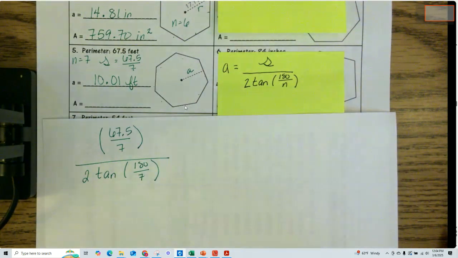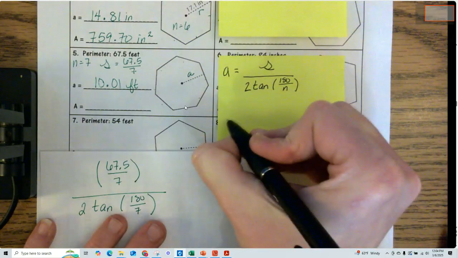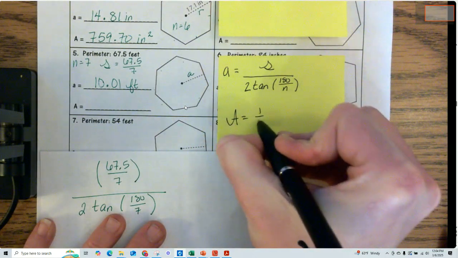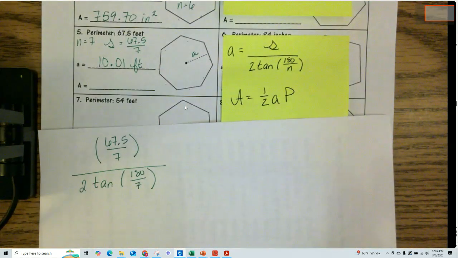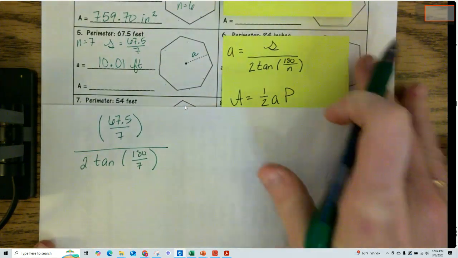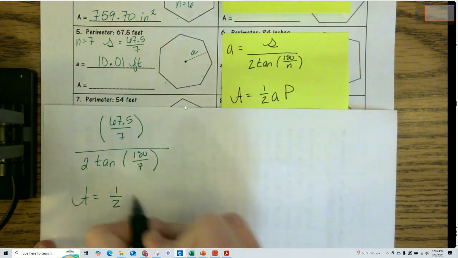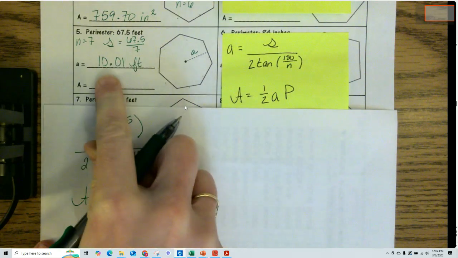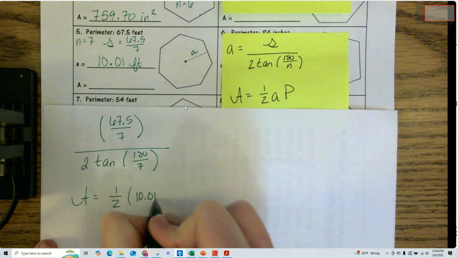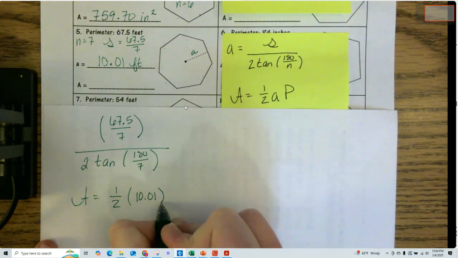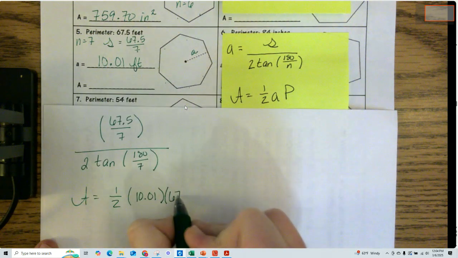So to find the area on these, because now we have the perimeter and we have the little a, it's the formula we had yesterday. Little a, big P. So area equals 1/2, and I'm going to use this amount, even though I rounded it, 10.01, and then perimeter is 67.5.